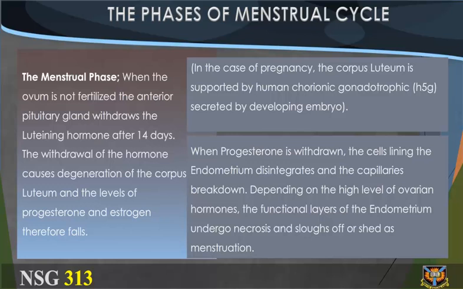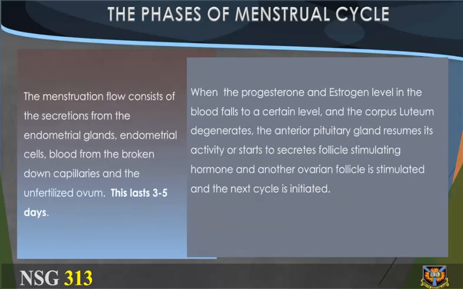Depending on the level of ovarian hormones, the functional layers of the endometrium undergo necrosis and slough off as menstruation. The menstrual flow consists of the secretion from the endometrial glands, endometrial cells, blood from the broken down capillaries, and the unfertilized ovum.